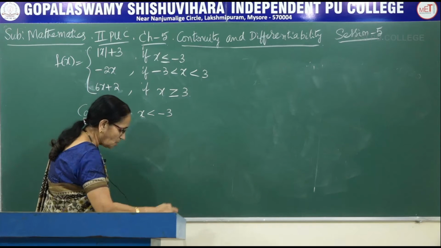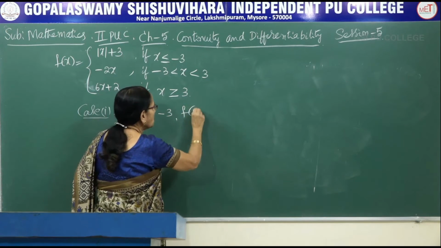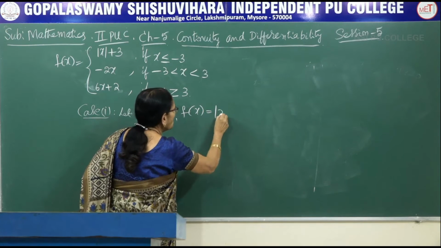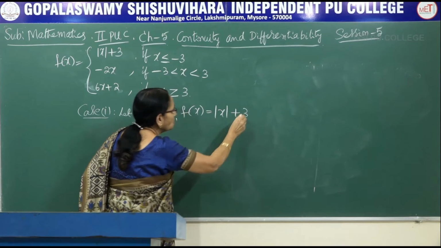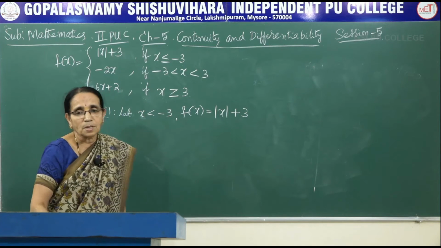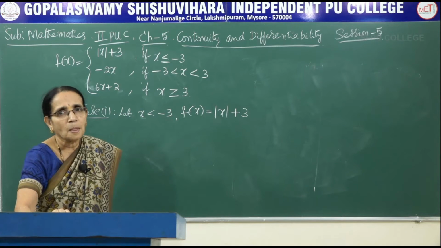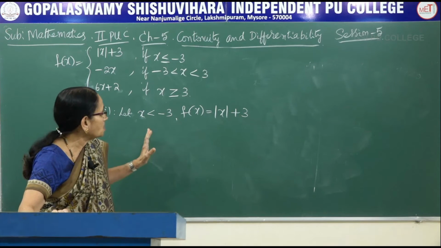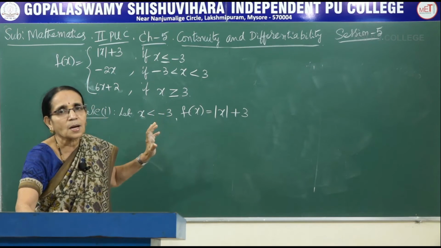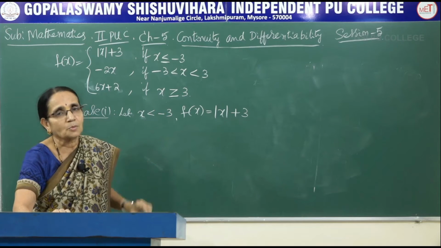Then how is the function defined? f of x is equal to modulus of x plus 3. See, when the modulus function comes, you have to be careful. Depending upon the values that we are assigning, you have to write the sign of this one.